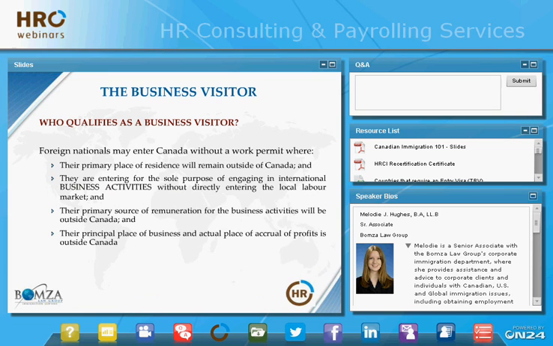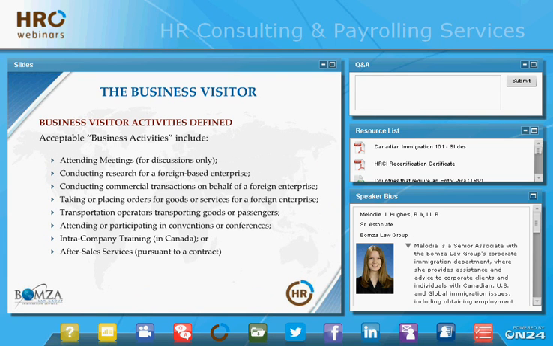Sounds easy to meet all of those criteria. With that said, I've referred to the second point again. They must be engaging in business activities because the nature of the activities is key in determining if a work permit is needed or if the individual may qualify as a business visitor.